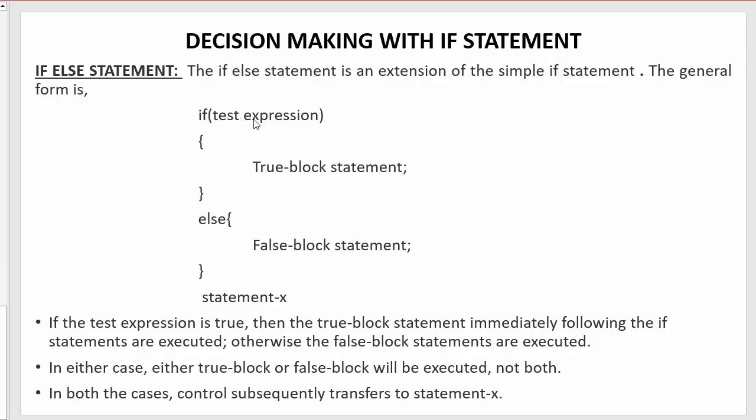That means if this condition becomes true, then the statements present under this block get executed, and this can be only one statement, or there may be more than one statement also. If this condition is not satisfied, that means if this test expression returns false, then the else part gets executed, which is the false block statement.